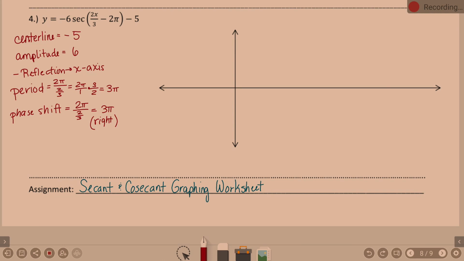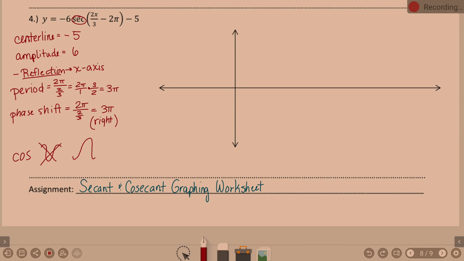Okay. Let's see. What are we graphing? Secant means I'm graphing cosine. Cosine is normally a valley. However, we had a reflection, so it's going to be a mountain. Let's see.